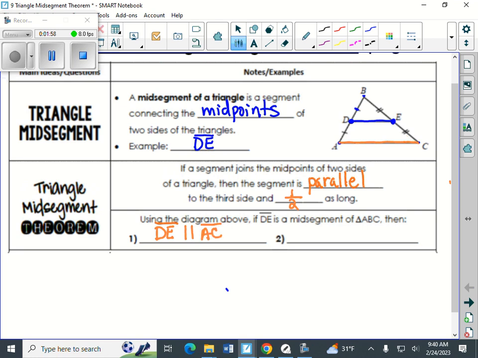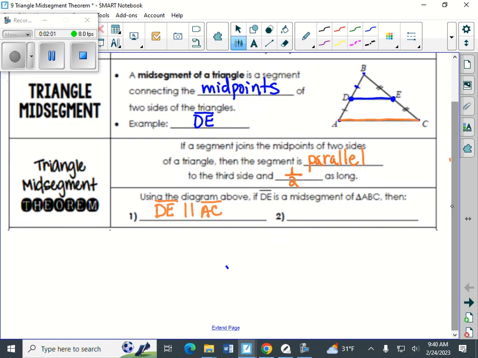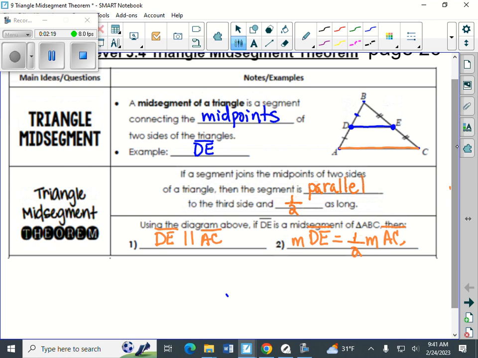And what we can also say is that the measure of DE is 1/2 the measure of AC. I think I need a segment here. So again, this blue segment, DE, is half as big as the orange segment.